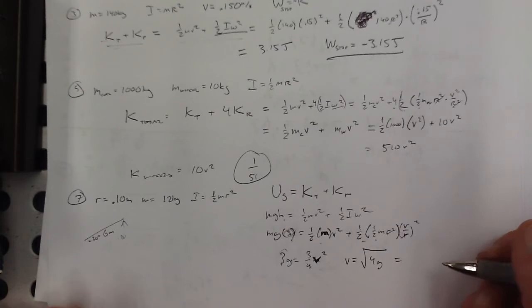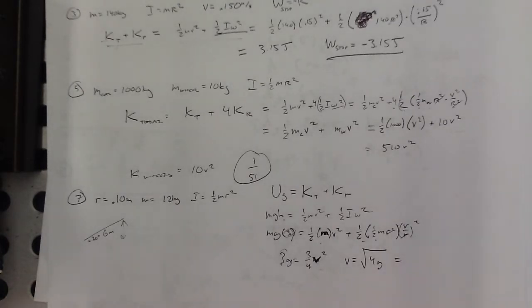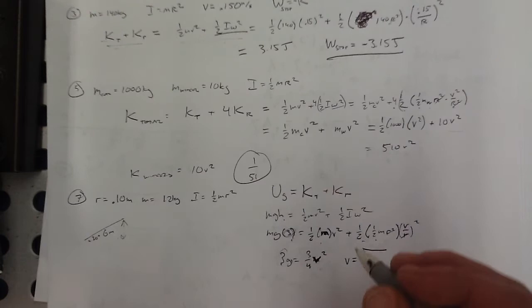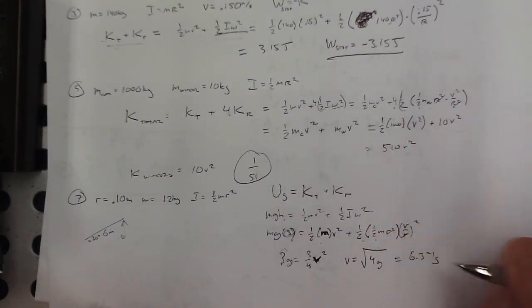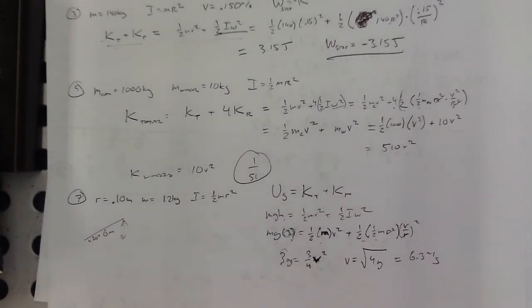So the velocity is the square root of 4 times 9.8, about 6.3 meters per second. And was that part A?